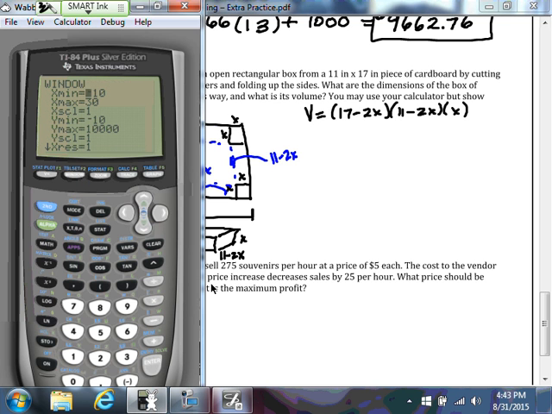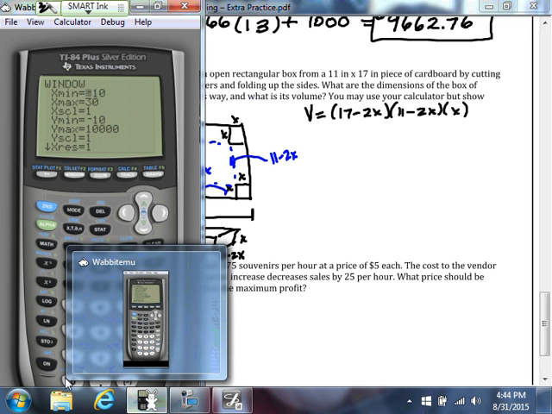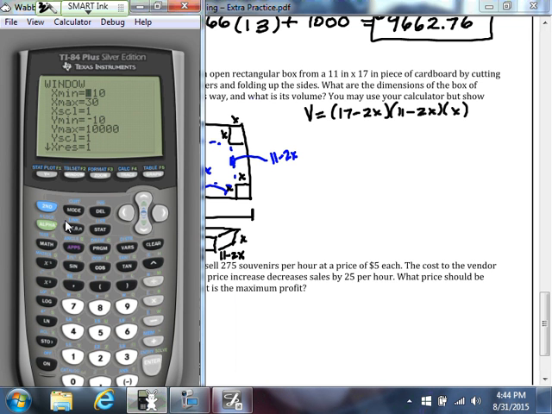And if you think about it, if you have something that is 11 inches on a side, the most you can cut out from each side is 5.5 inches. If you cut out 5.5 inches, it's actually too big, because you wouldn't have a box then. You'd have no thickness to it. But y is the volume, and it's probably going to be pretty big. So I'm going to do 1,000. Whoops, I did 10,000.